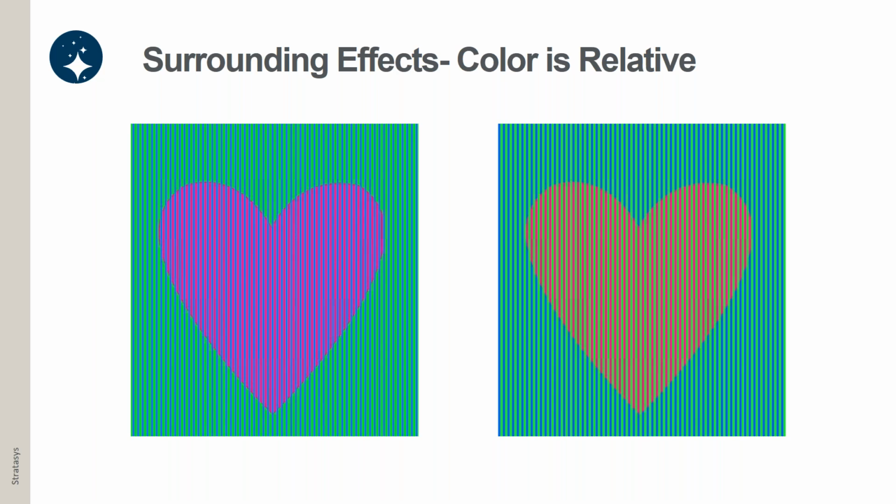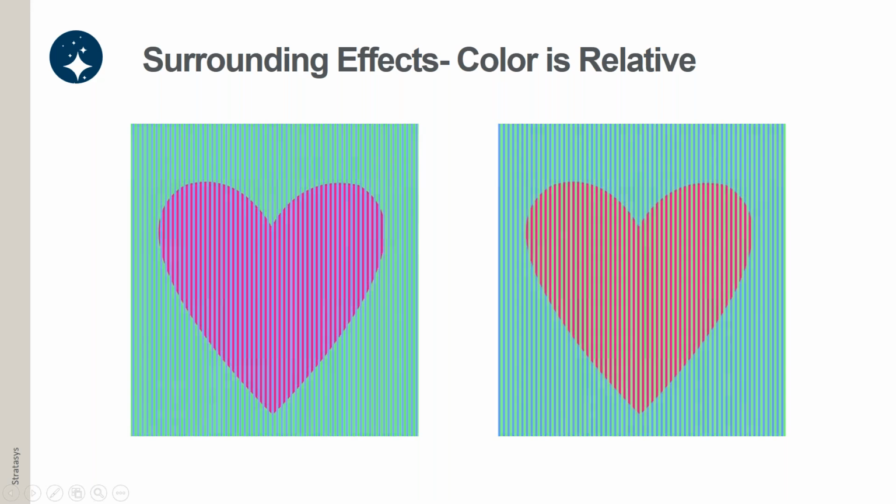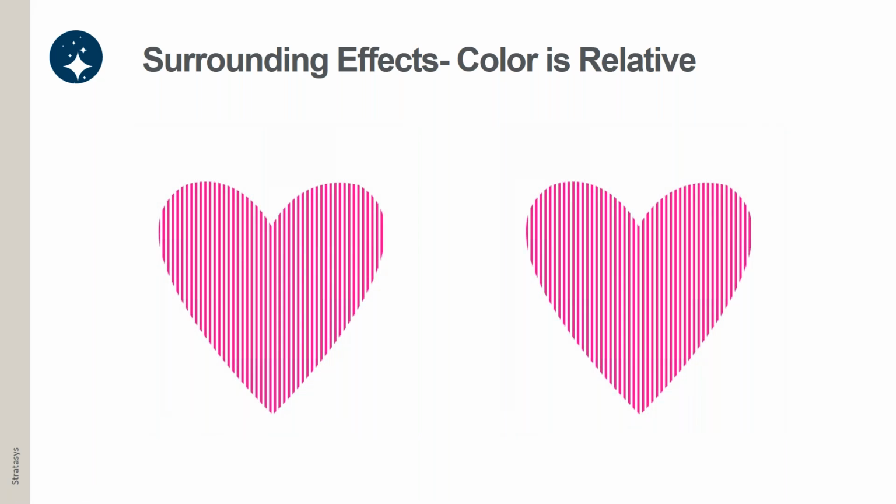Exactly. The difference here is that in the right one, the red is over the blue, and on the left one, the red is over the green. So when you take off the background, you have the pure red or pink color itself. This is why it's so important to print on a white background.